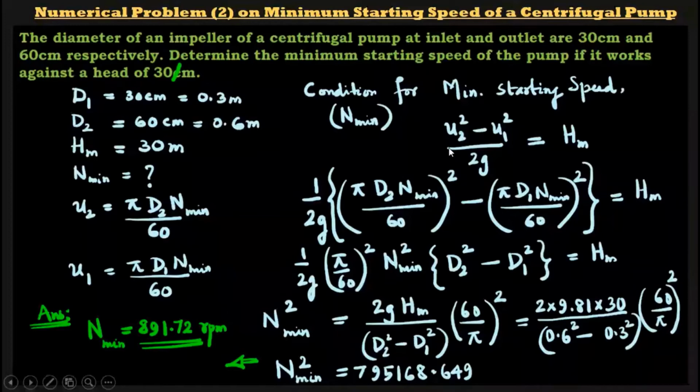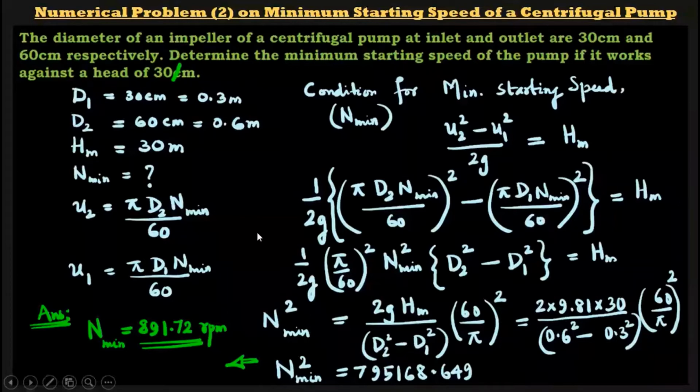Centrifugal head developed will be greater than or equal to the manometric head. So U2 square minus U1 square by 2G must be greater than or equal to manometric head HM for commencing the discharge at the delivery exit. And the limiting condition is this: at least U2 square minus U1 square by 2G must be equal to manometric head. So use that condition.